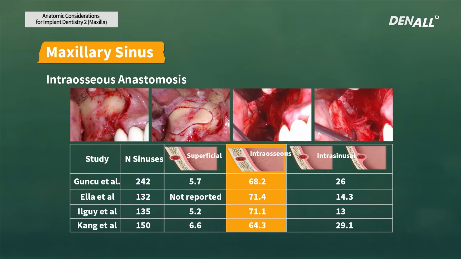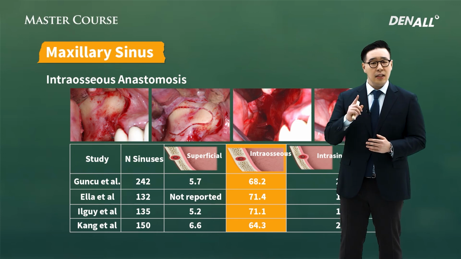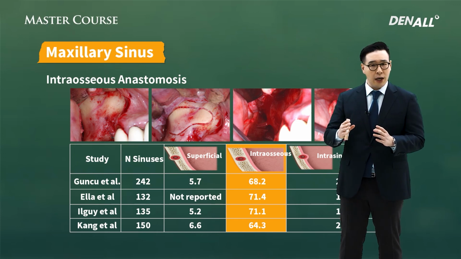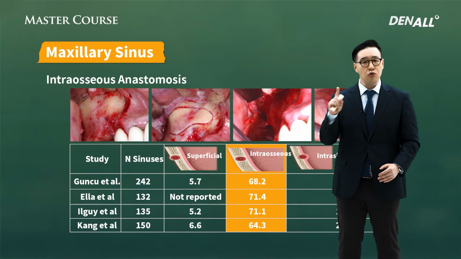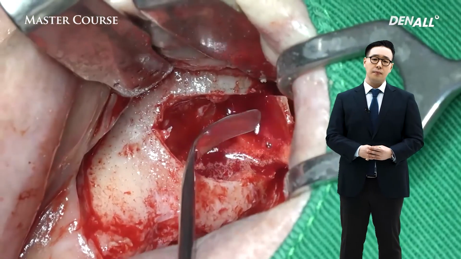For the extraosseous anastomosis. For the intraosseous anastomosis, as the vessel is hidden in the bone wall, you need to have full knowledge of the blood flow beforehand and use it for diagnosis on the CT.